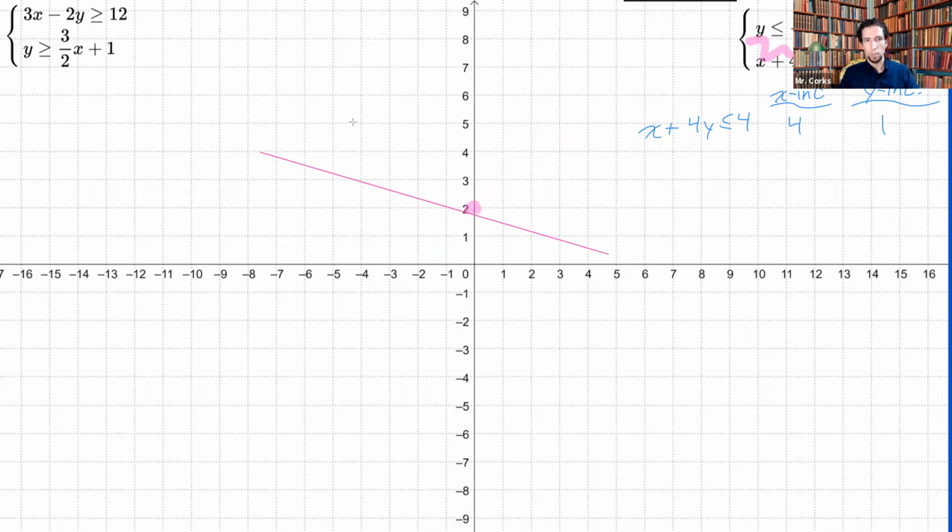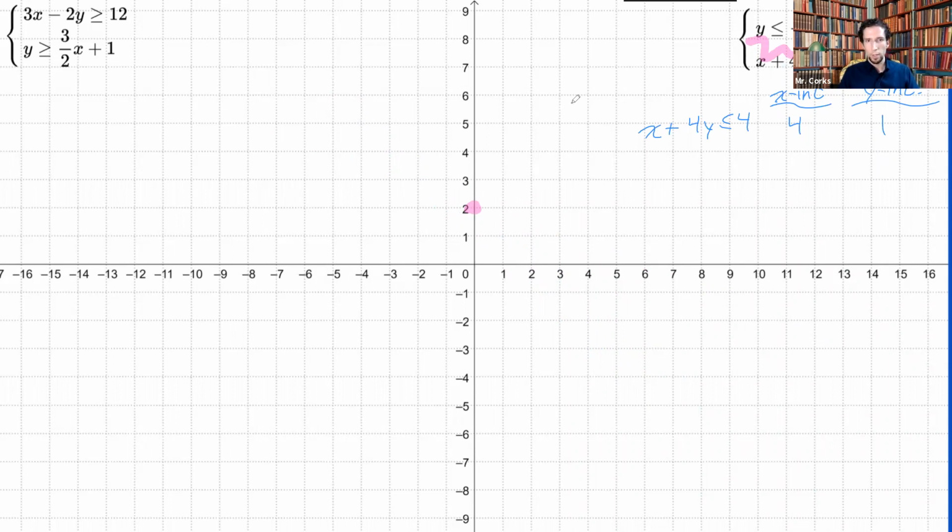Negative slopes are going to be sort of going down as we move to the right. And slope of -1 would be exactly like this, 45 degrees. And this is -1/4, so less than that. It's going to be something like this.